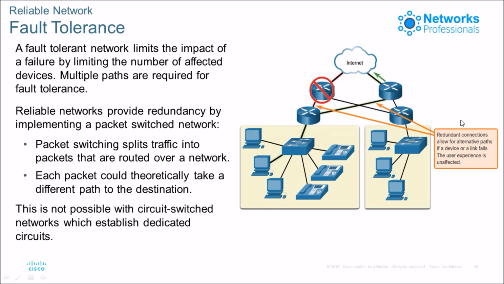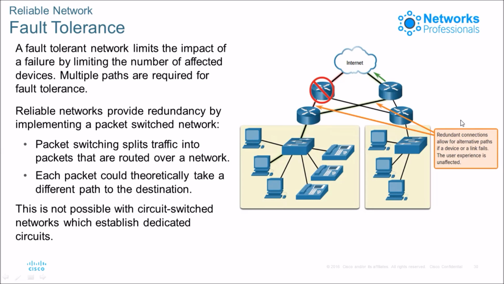And the latest one is the new technology which is being used nowadays, known as packet switching or packet switched network. Let's try to know how a packet switched network works. Packet switching separates traffic into packets that are routed over a network.